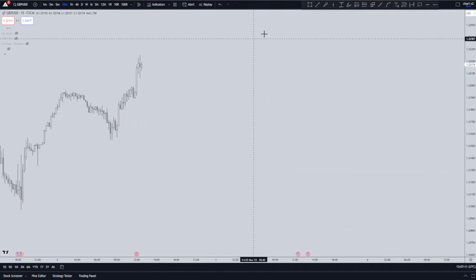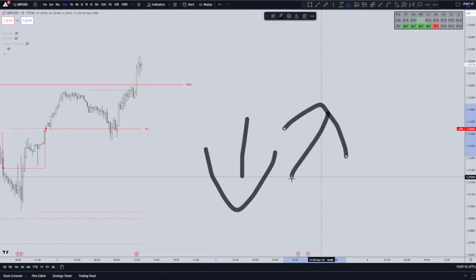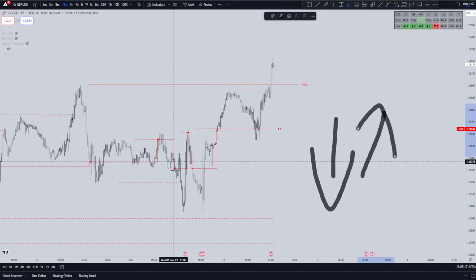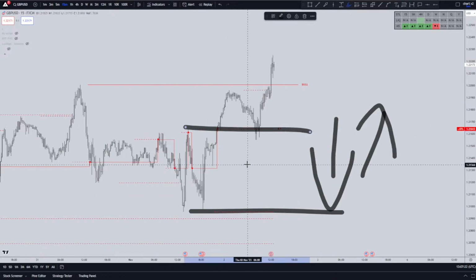Because the simplicity is that the market is going to go up or down. Period. And if you have a specific exact level which invalidates direction for that specific time frame, that's just beauty.